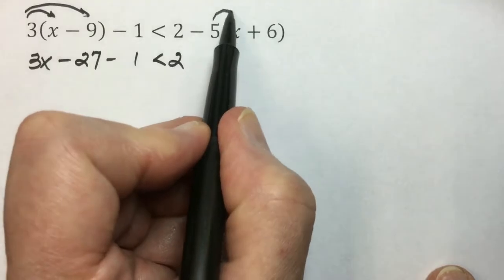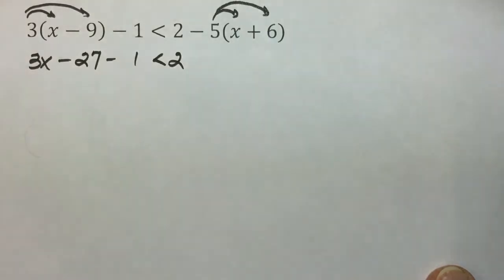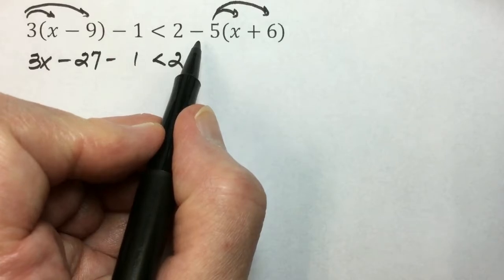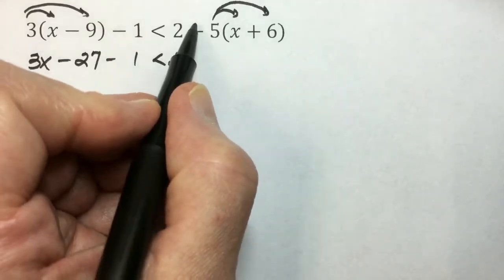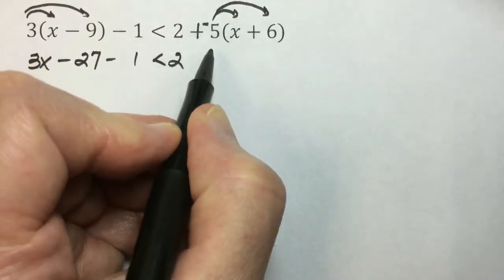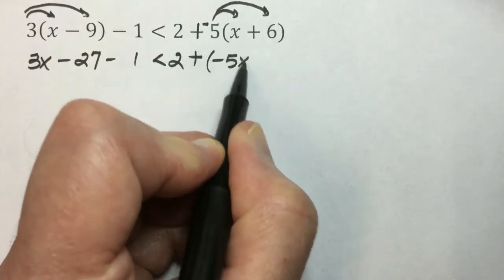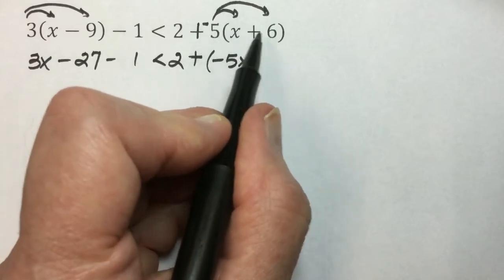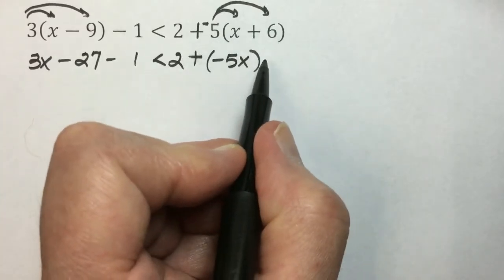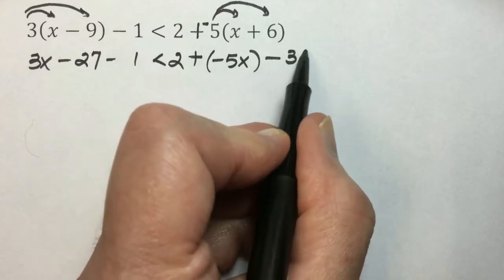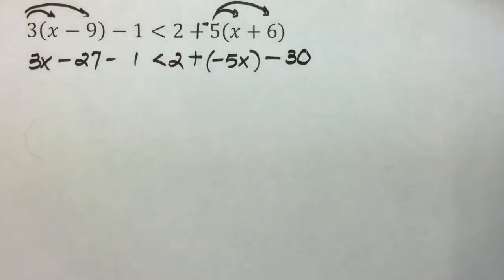Similarly, we will eliminate this parenthesis by multiplying each term in the parenthesis by the negative 5, and it is a negative 5 if we use the rule of subtraction. Subtraction is the same as plus a negative. So we have a negative 5 times x is negative 5x, and negative 5 times a positive 6 is a negative 30. Either write it as minus 30 or plus a negative 30.